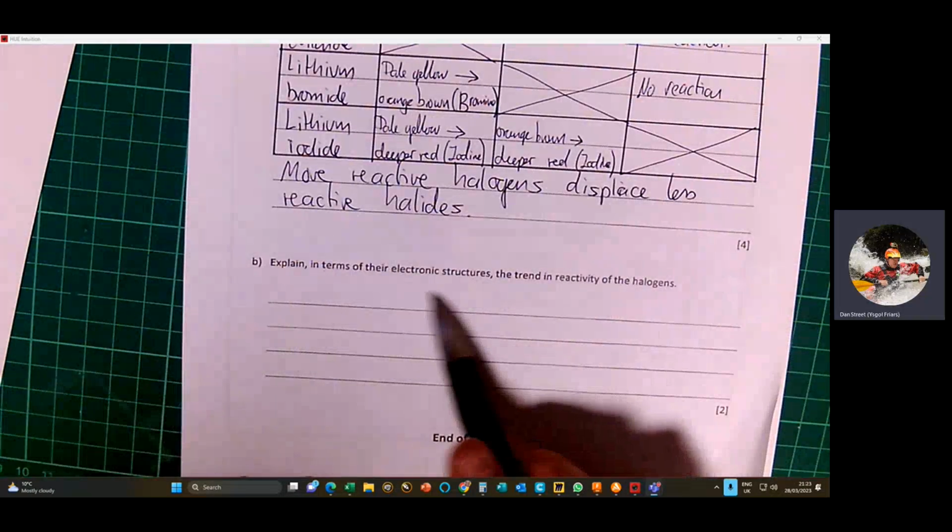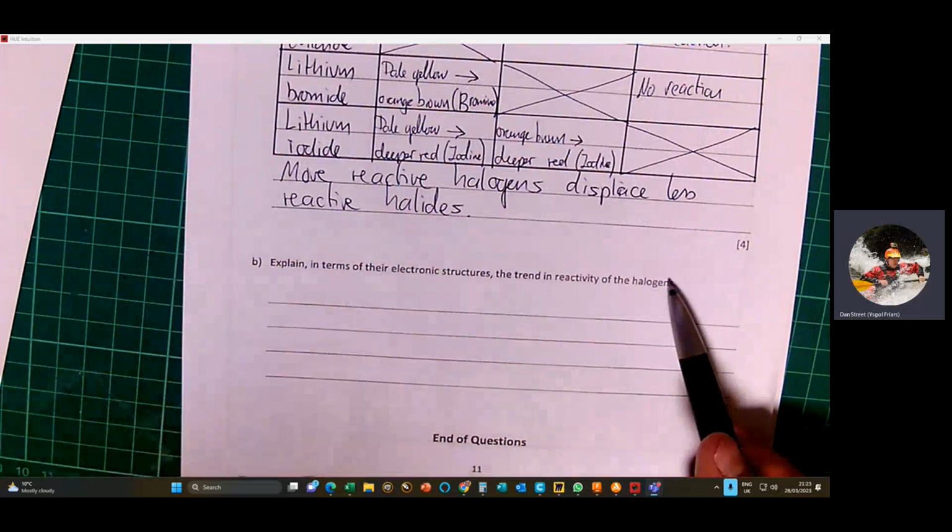Okay, explain in terms of their electronic structures the trend in reactivity of the halogens.